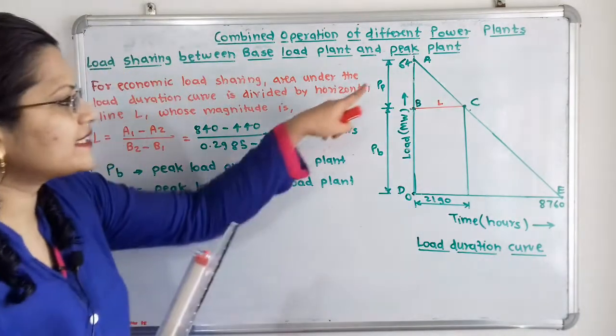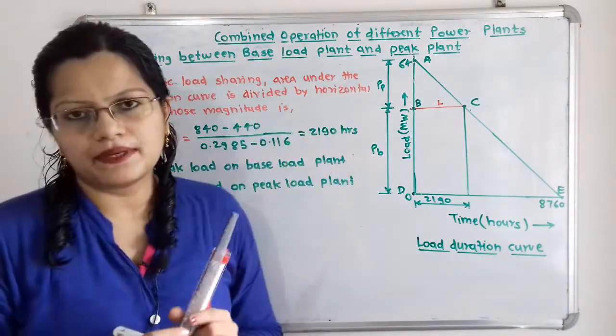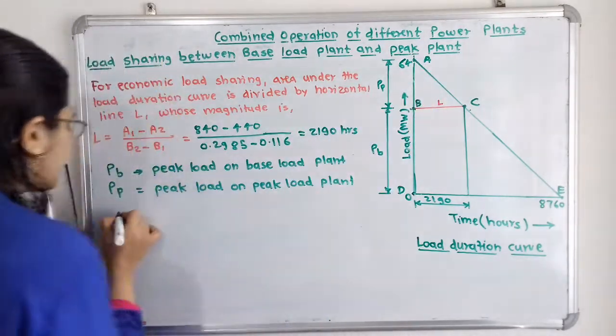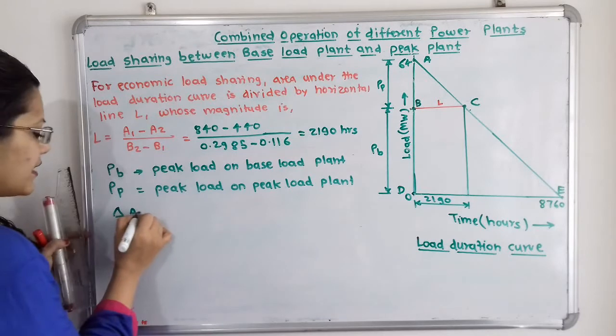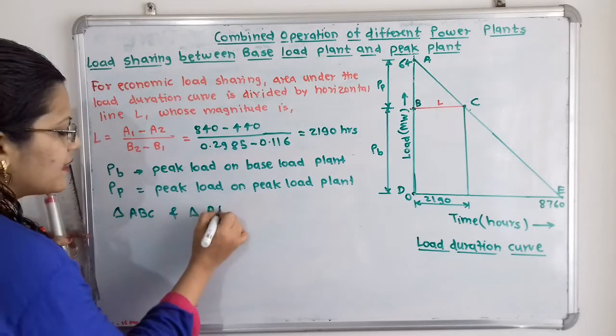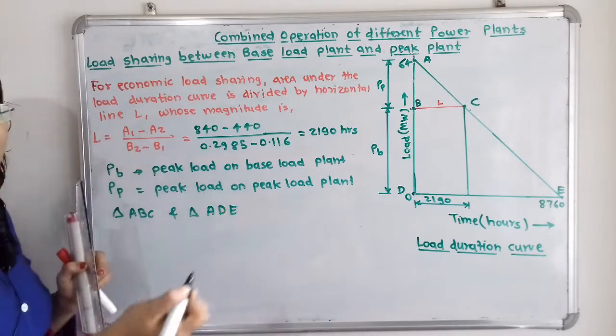Now we have to decide PB and PP. So how to decide? For that we will consider two triangles, triangle ABC and triangle ADE. Now we will take the ratio.